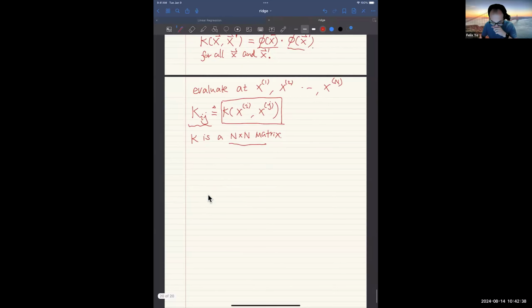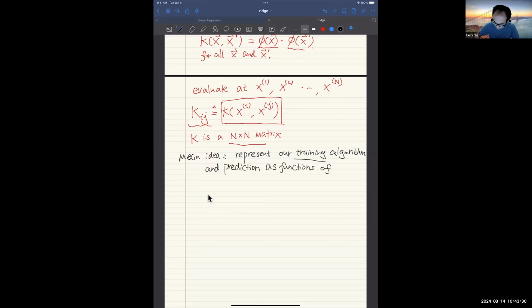Okay, so this gives you the main idea right here: we actually want to represent our training algorithm and the prediction rules, because in regression there are always two parts, one is training, one is prediction, as functions of k(x, x prime).